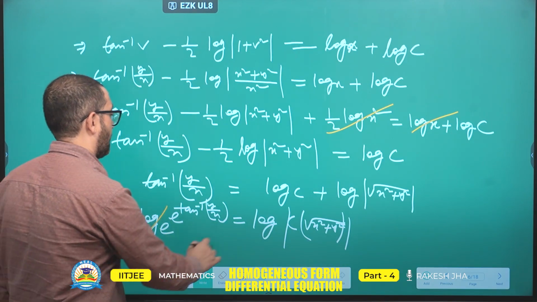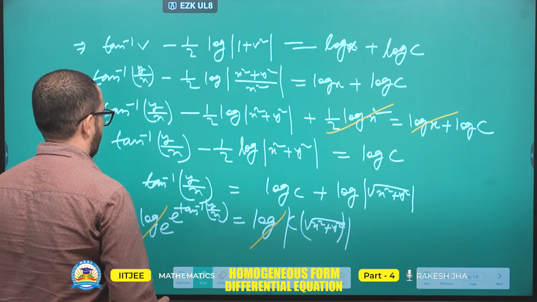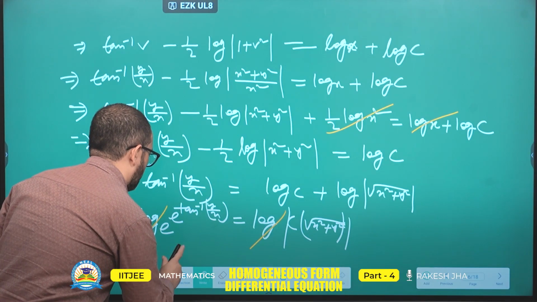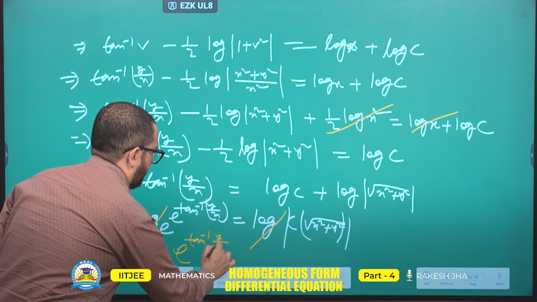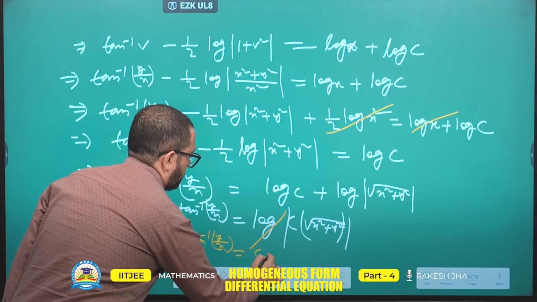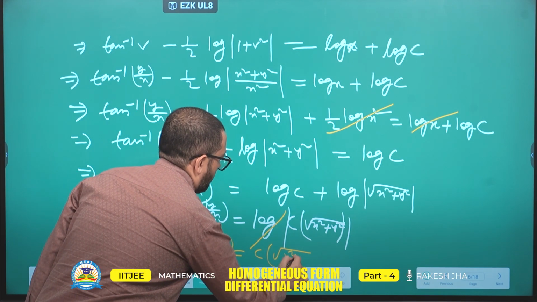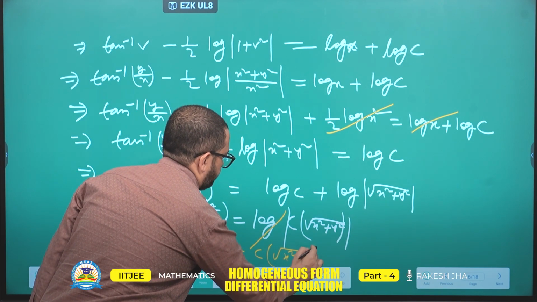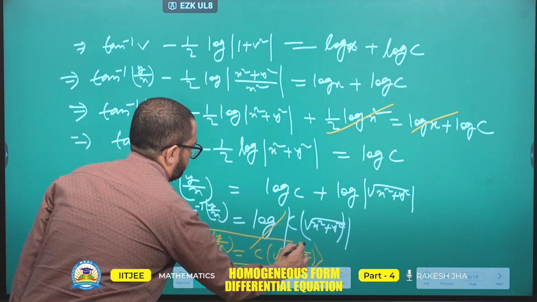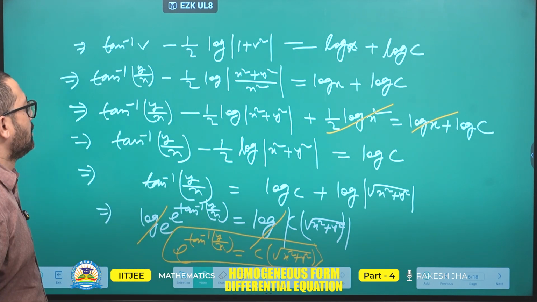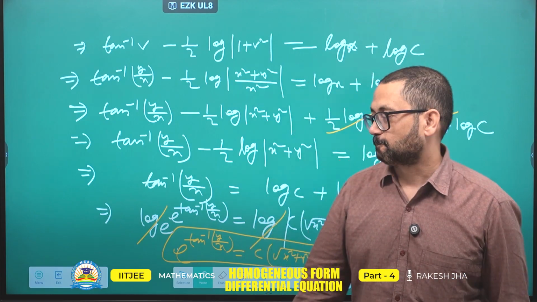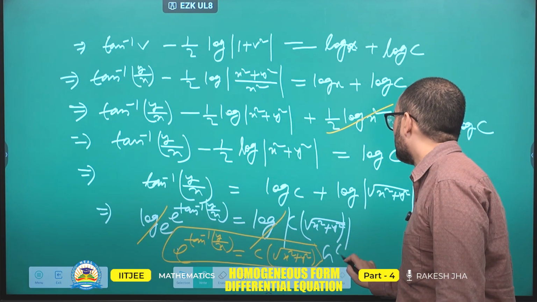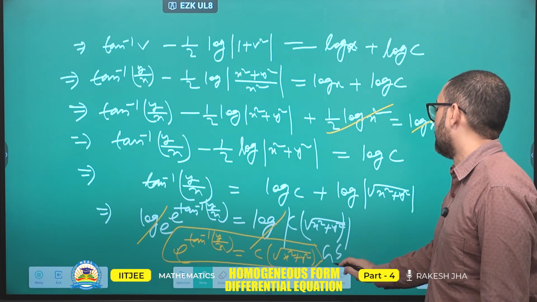Now log is getting cancelled both sides, so the final result would be e raised to the power tan inverse y by x is equal to c times root under x square plus y square. So this is the general solution of the given differential equation.